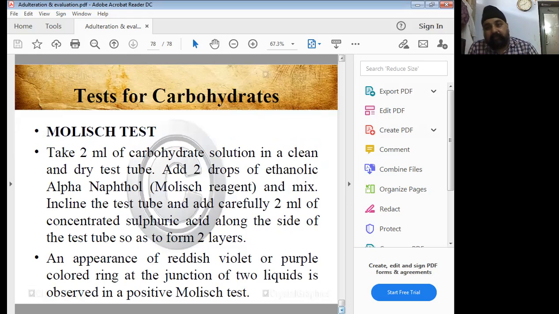Last, I will tell you about one more technique, which is called biological methods or bioassays. Certain tests are there in order to determine the potency of the crude drug.